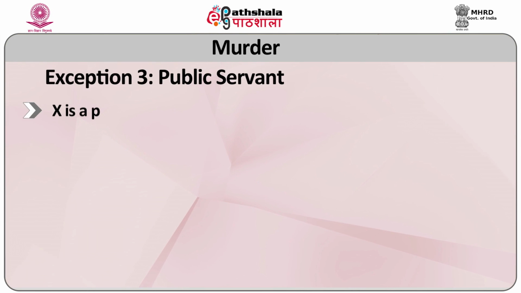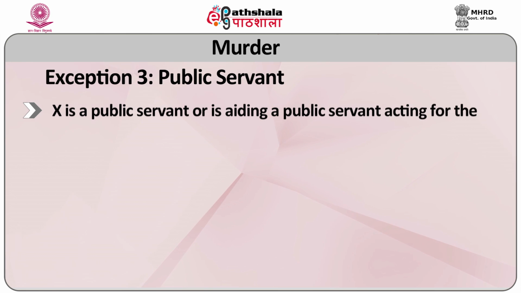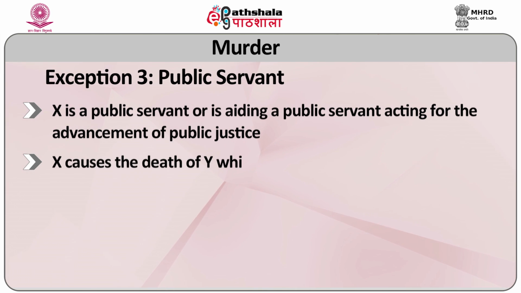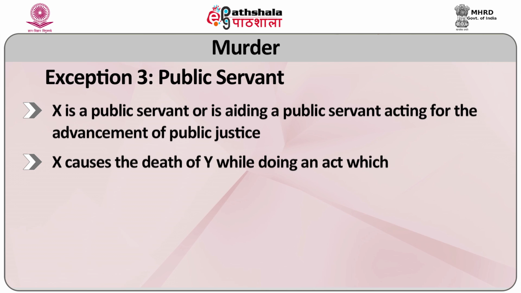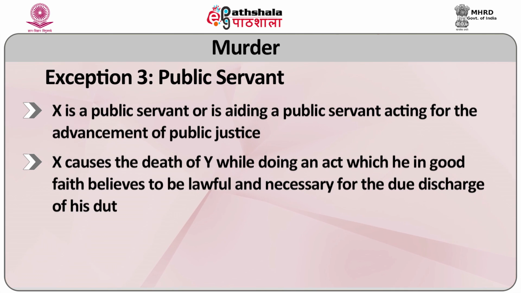X is a public servant or is aiding a public servant acting for the advancement of public justice. X causes the death of Y while doing an act which he in good faith believes to be lawful and necessary for the due discharge of his duties.